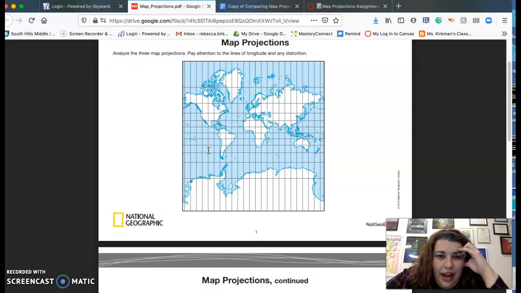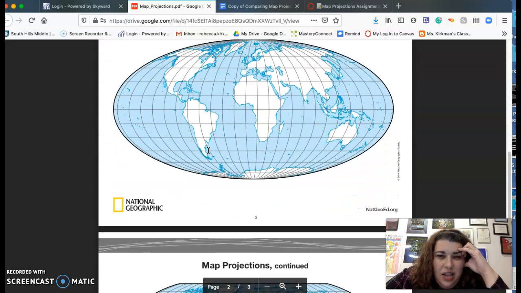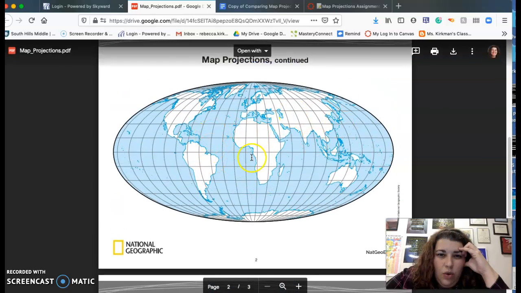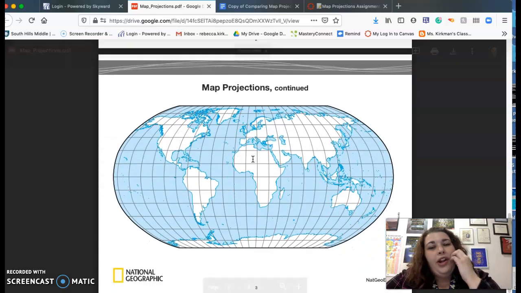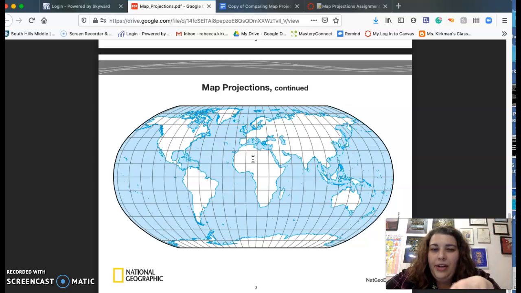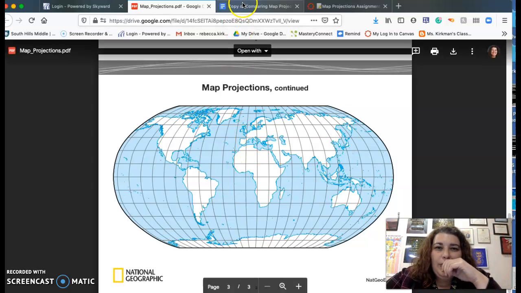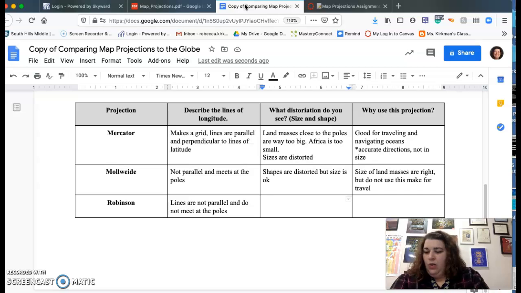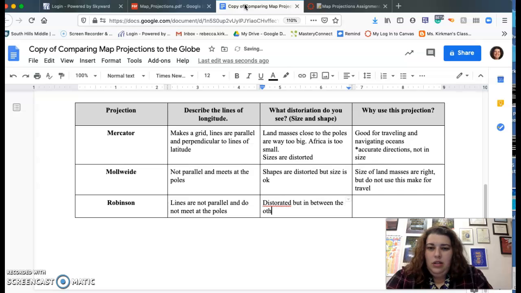The size is not as accurate as this one, but it's way more accurate than the Mercator. So there's some give and take with this one. So I'm going to say it's distorted, but in between the other two maps.